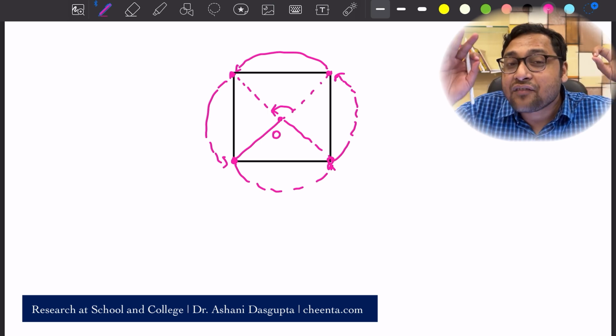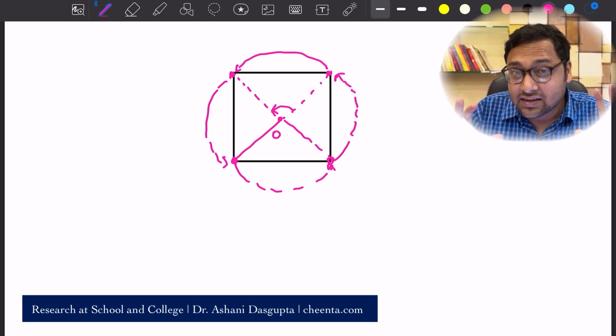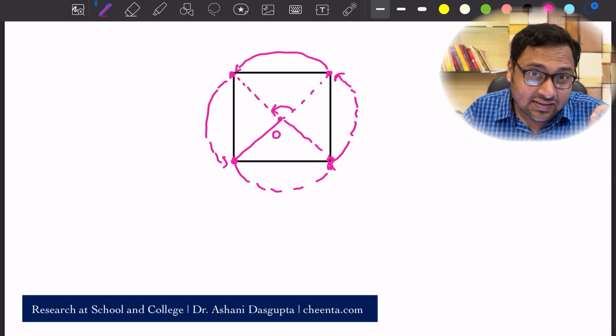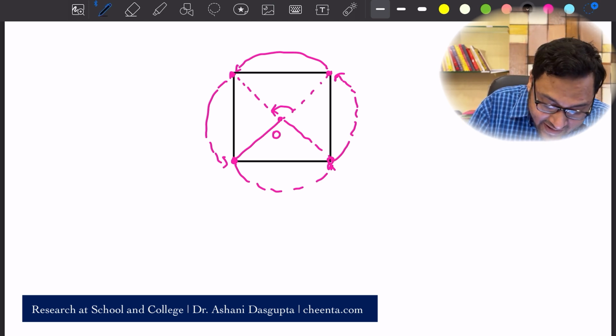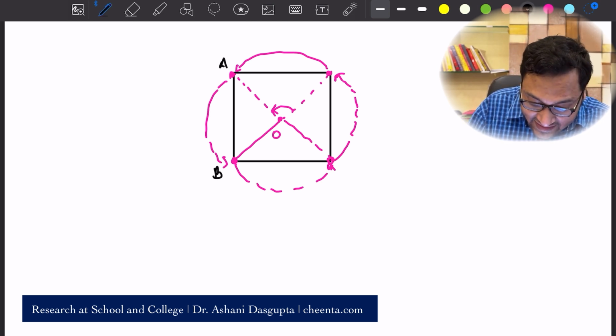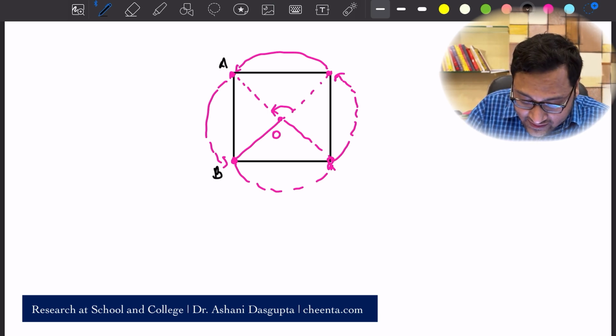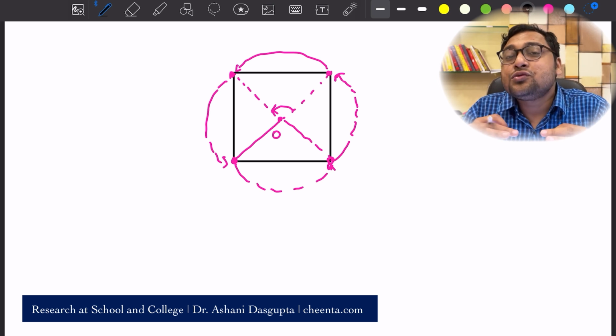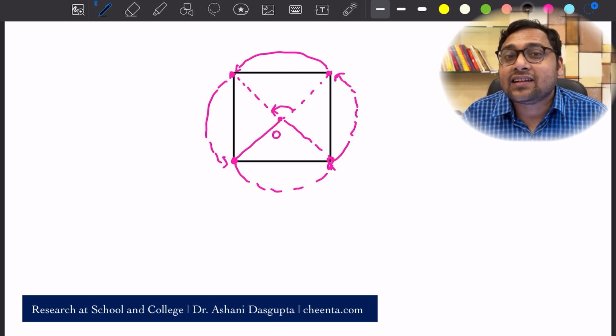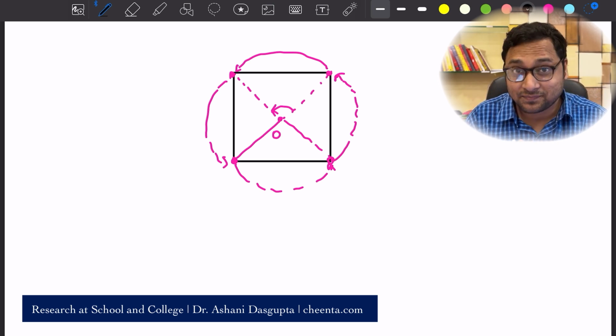If I have not labeled the vertices, that is, I have not written A, B, C, D like this, then you won't be able to tell that there is a rotation.